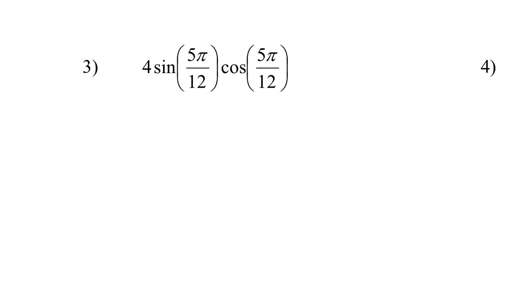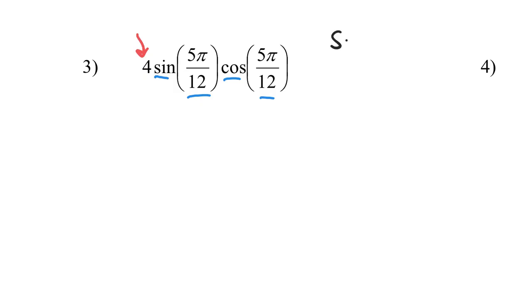Now there's some things I like about this problem and there's some things I don't. Right? I see the sine times cosine of an angle, and even looking at the angle, we see its denominator is 12, so I'm thinking this might be something like a double angle. However, this 4 right here is a little different.